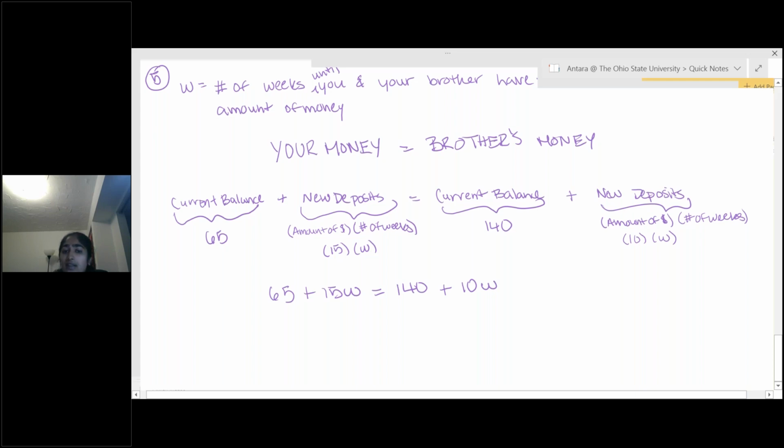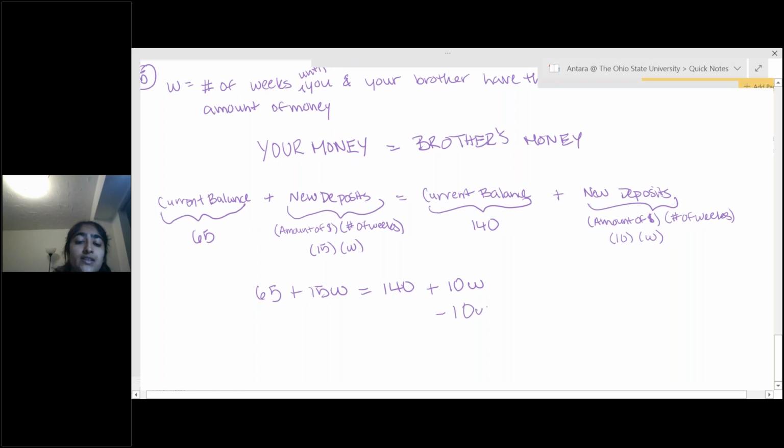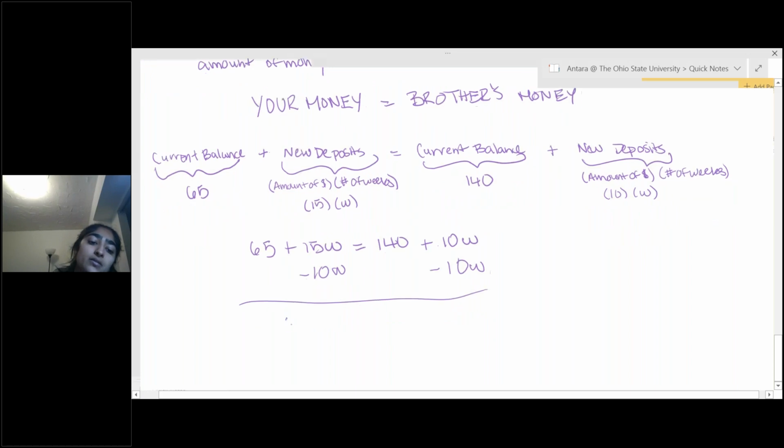There's no combining of like terms on each side. So right now we just want to get one variable term. So what we can do is we can get rid of the 10W on the right side. And we do that by doing the inverse operation, minus 10W on both sides. And we get 65 plus 5W equals 140.